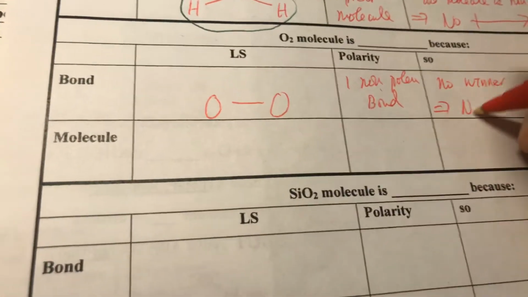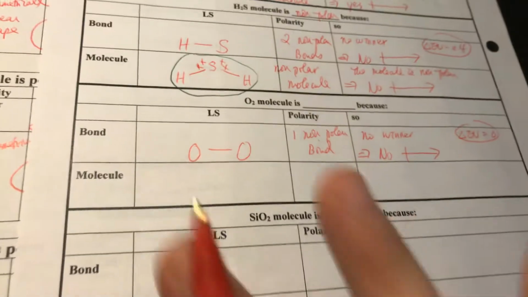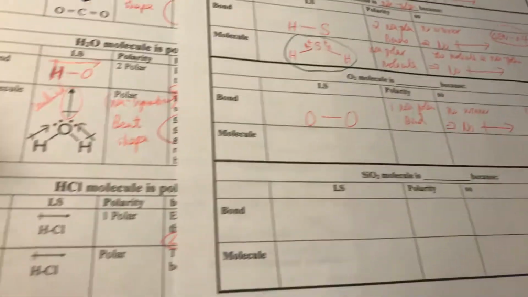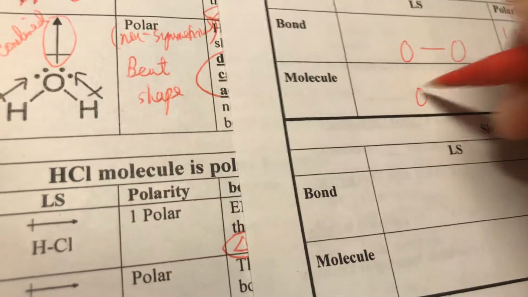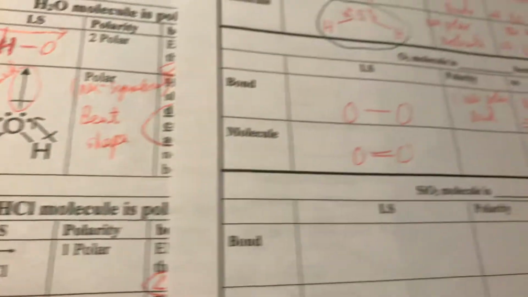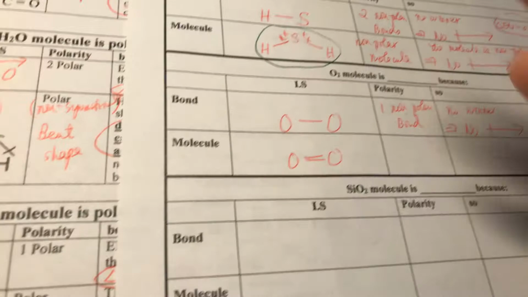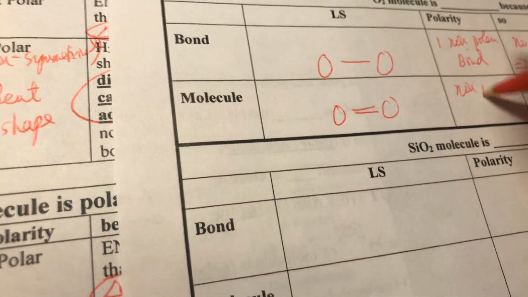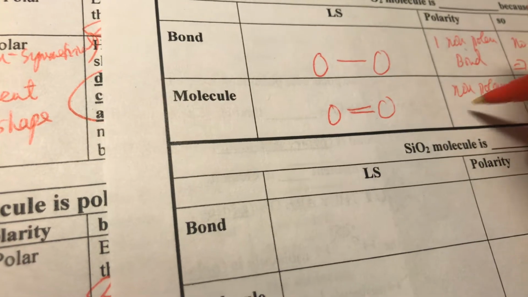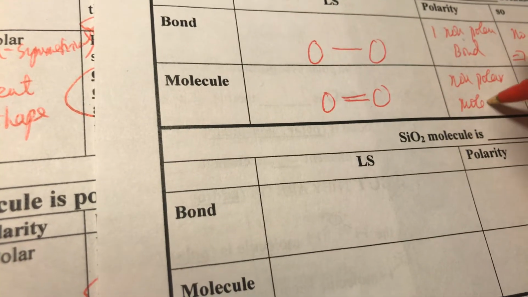So then I don't draw any symbol. I leave it like that. And then for the whole molecule, it's actually a double bond. Okay, now because I don't draw any dipole, my molecule is also a non-polar molecule, because I don't have any winner, because I don't have any dipole on the picture.